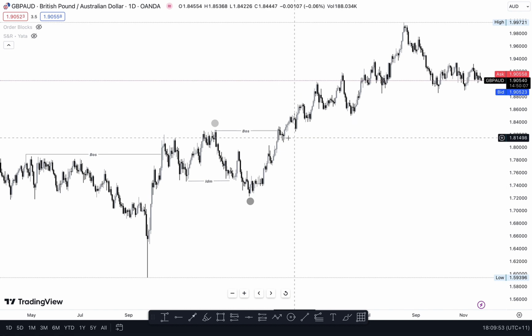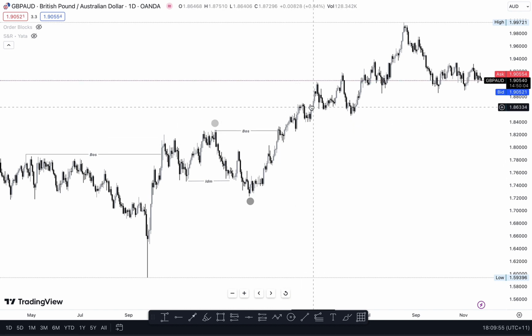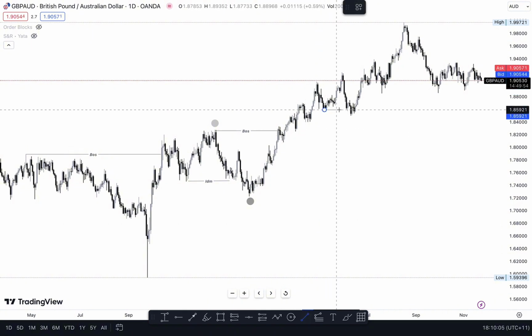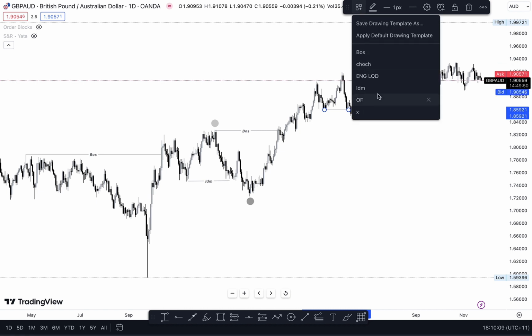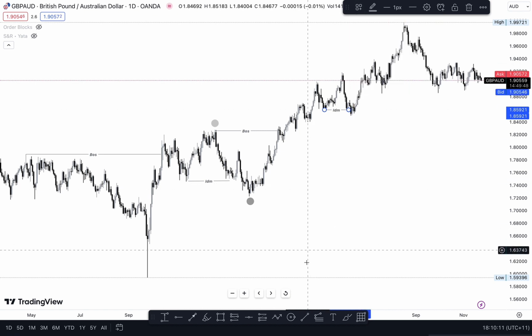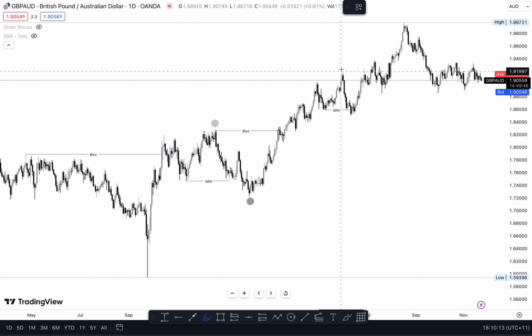We have a series of higher highs and higher lows here, and so we have the market break. When the market broke out from here, we have this pullback taking out, right? So our inducement will be here, and when we identify our inducement, where's our higher high here?